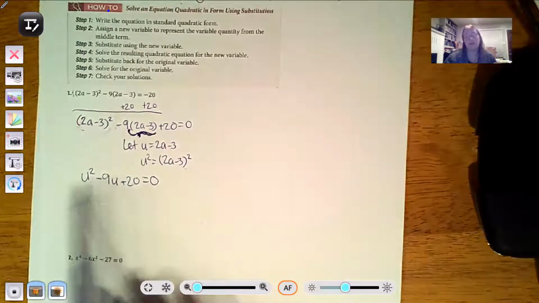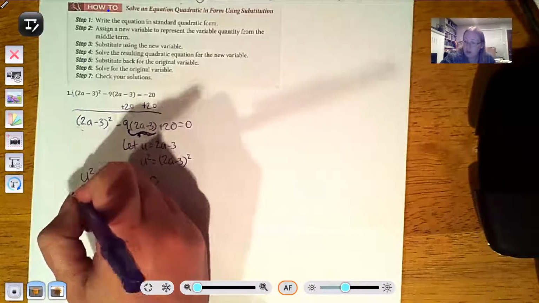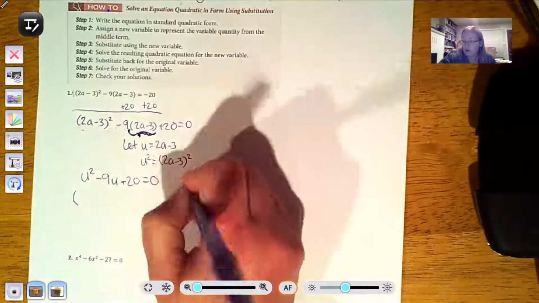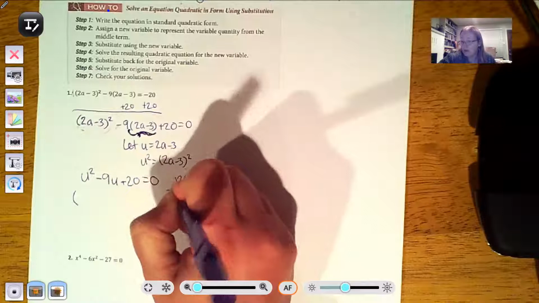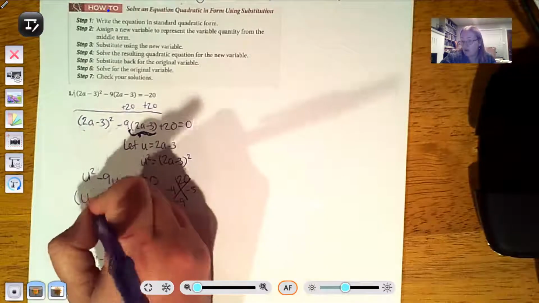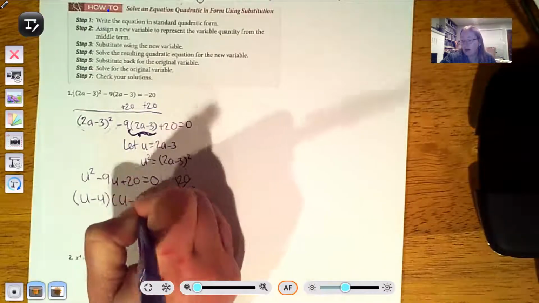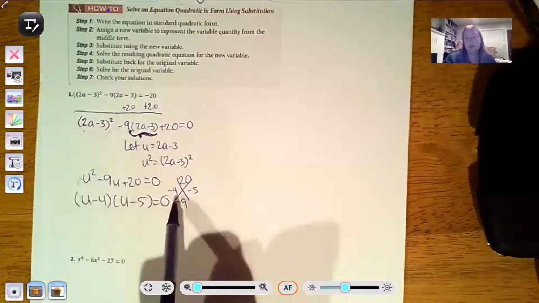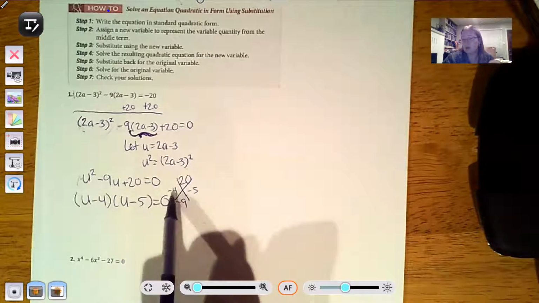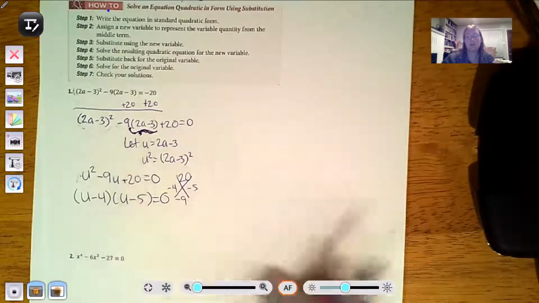So now I can solve for U. What multiplies to 20 and adds to -9 is -4 and -5. I'm going to have U minus 4 times U minus 5 equals 0. Because the leading coefficient was 1, I didn't need to do the grouping. I could just use these values to factor it.